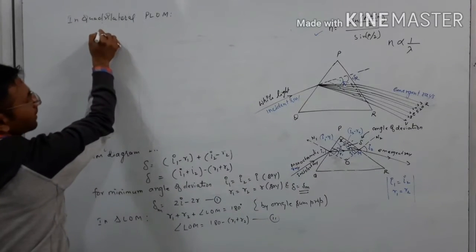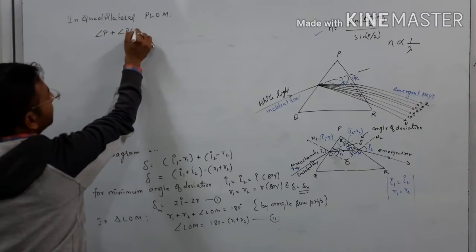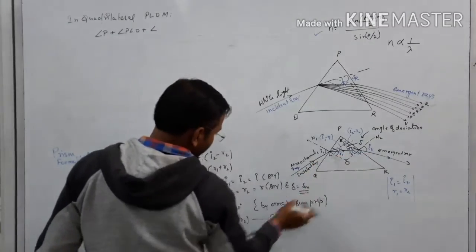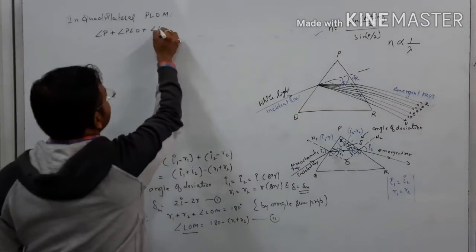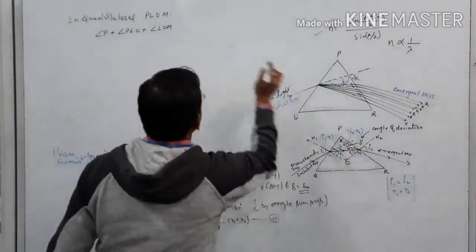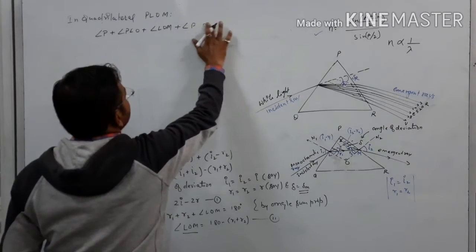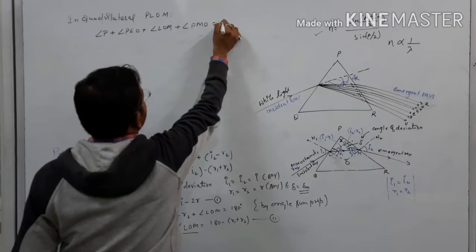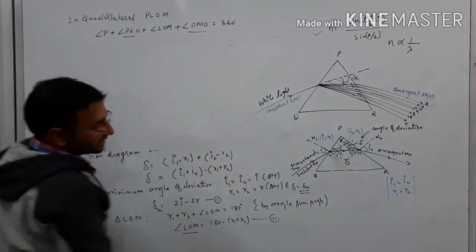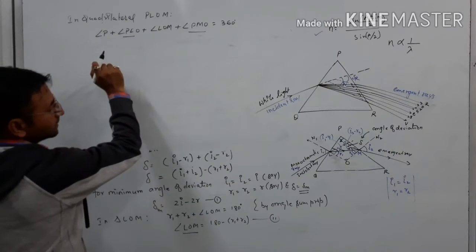So here I am writing angle P plus angle PLO plus angle LOM plus angle PMO is equal to 360 degrees. We know that. And these two angles are 90 degrees; you can see the normal is perpendicular to the face PQ.